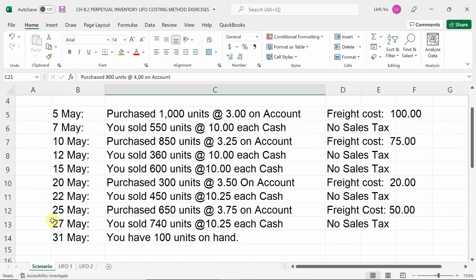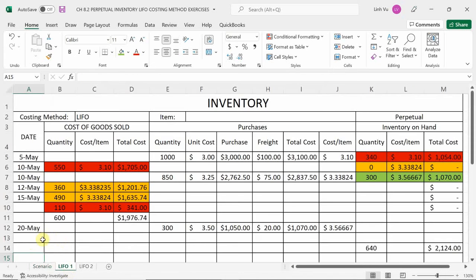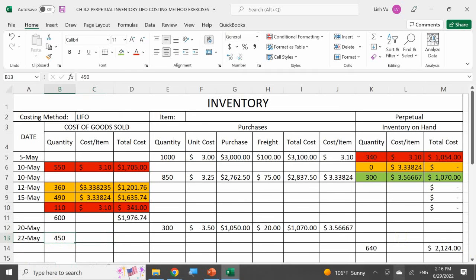So then on May 22nd, we end up selling 450 units. In this case, which batch of inventory am I going to sell from first? The green one.